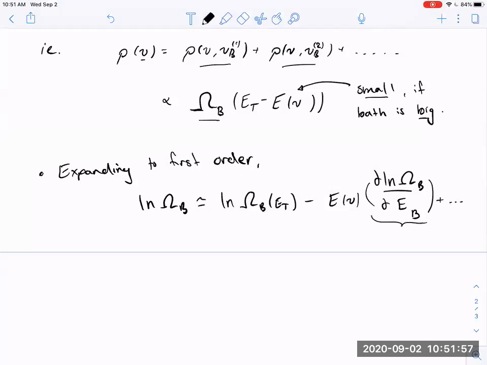This derivative, how the number of states in the bath changes with its energy, is what we've defined as beta, which is nothing more than the inverse temperature written in units of Boltzmann's constant.